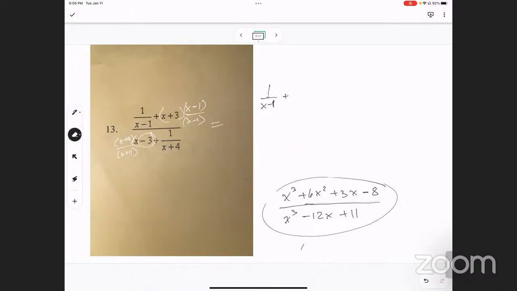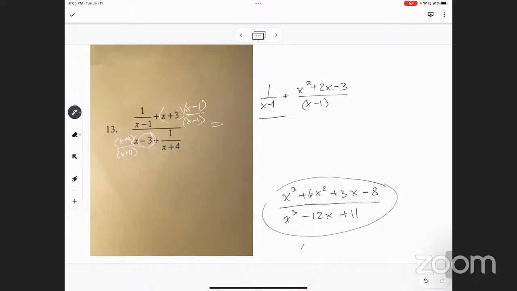Oops, sorry, I meant to erase that. I'm trying to think, can I multiply that straight, that whole thing? Yeah, I guess I could. So this might actually be a little bit faster. You would get x squared plus 2x minus 3 all over x minus 1.